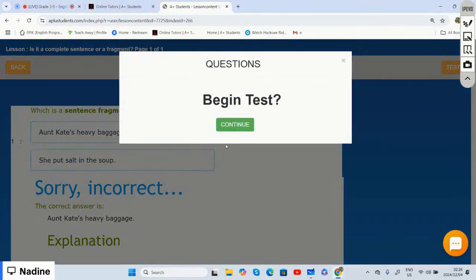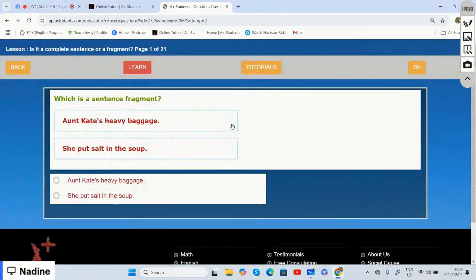All right. So now let's go to our test. We need to say, is it a complete sentence or is it a fragment? So once again, we need to say which is a sentence fragment. Option one, and Kate's heavy baggage, or option two, she put salt in the soup.